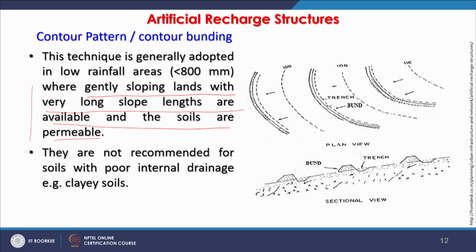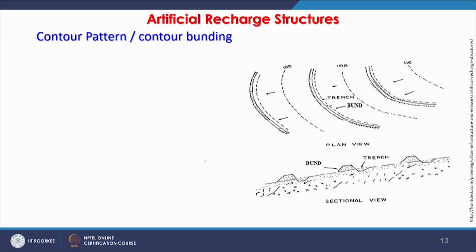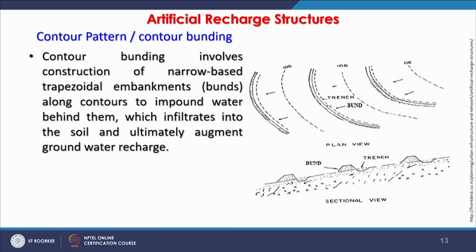However, if you have other problems like poor internal drainage or clayey soils, then these areas are not recommended for bunding. Further, contour bunding involves construction of narrow-based trapezoidal embankments or bunds, as you can see here, along contours to impound water behind them, which infiltrates into the soil and ultimately augments groundwater recharge.